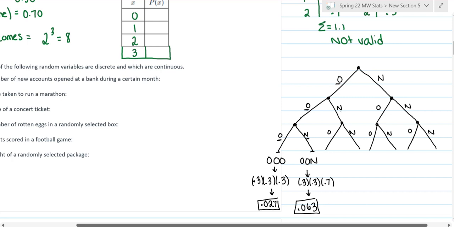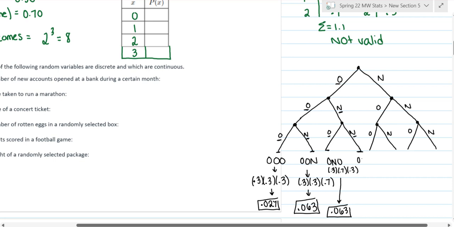Okay, then online, not online, online, so O-N-O. Okay, so that's 0.3. I'm running out of room here. Put it right here. 0.3, 0.7, 0.3. That's going to happen to be the same thing, 0.063, sorry. Because 0.3 times 0.7 times 0.3, same thing as 0.3 times 0.3 times 0.7. Okay, then you have online, not online, not online.